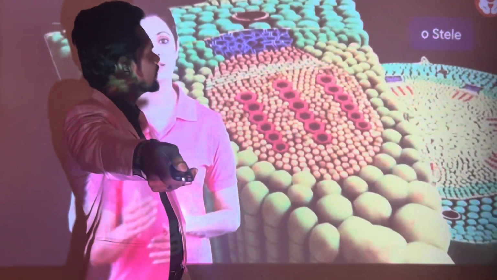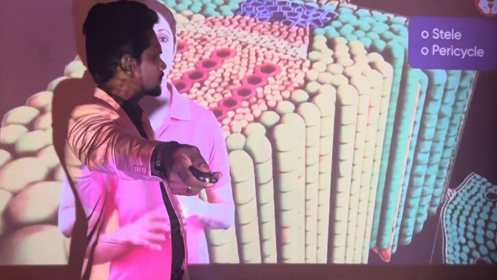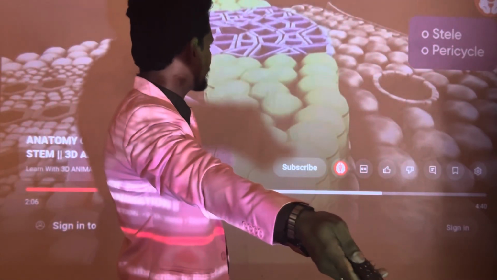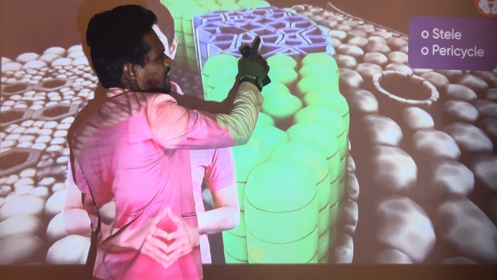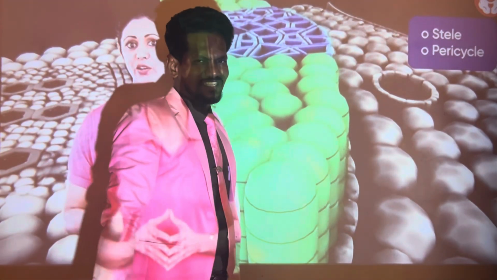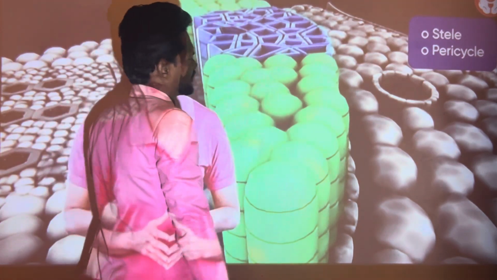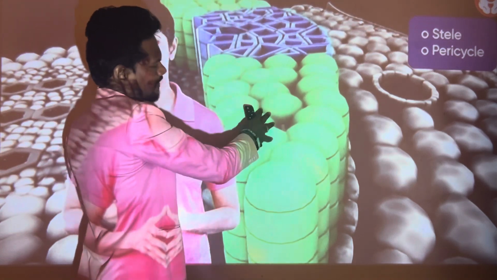Then followed by pericycle, dear students. So pericycle is made by sclerenchyma. Generally, in root it is made by parenchyma, but here pericycle is made by sclerenchyma, surrounded by parenchymatous tissue.